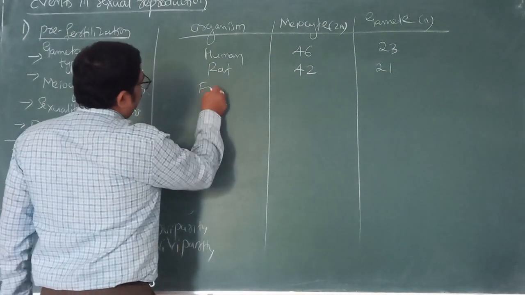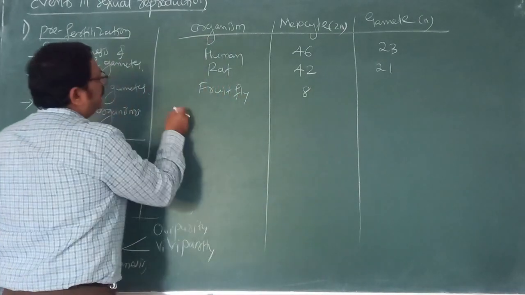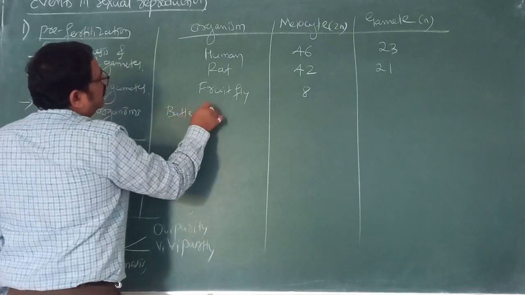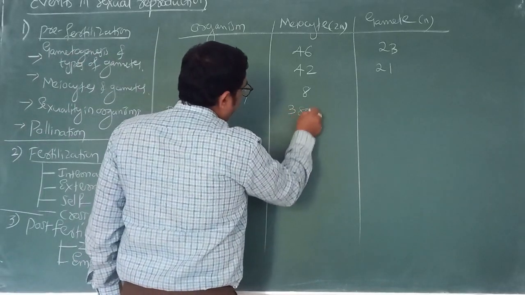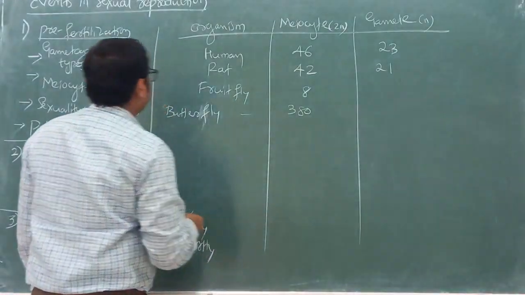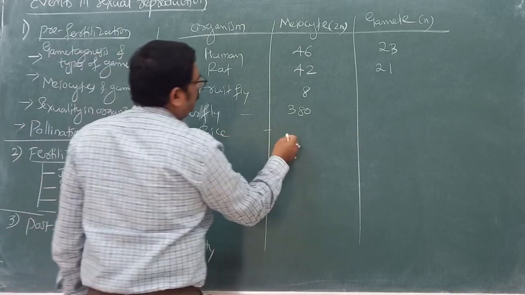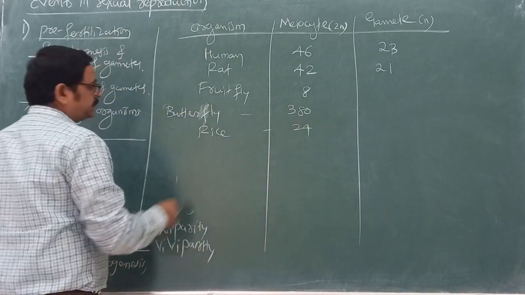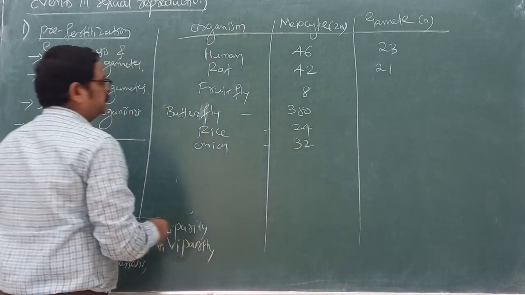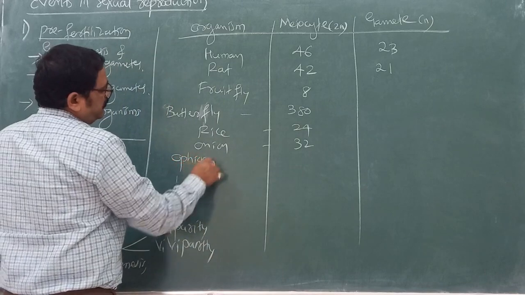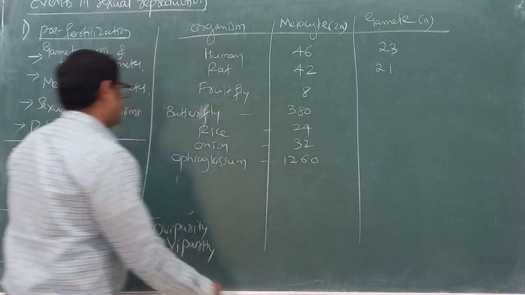So mainly the rat, then fruit fly, its chromosome number 8. Butterfly, its chromosome number is 380. Then rice, chromosome number 24. Then onion, chromosome number 32. Ophioglossum, 1260.